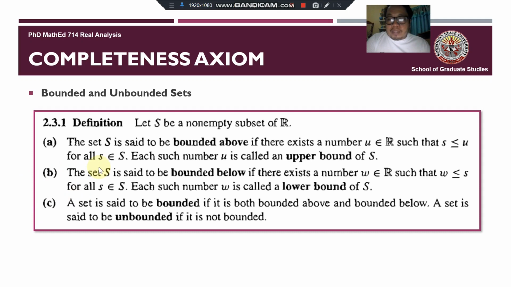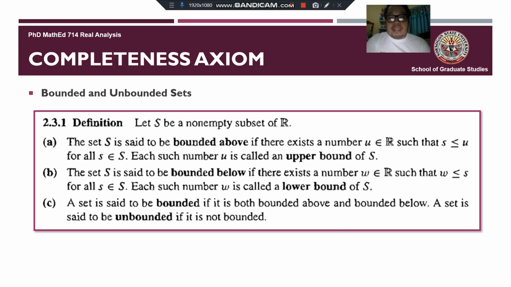Next, for letter B, the set S is said to be bounded below if there exists a number W, an element of the set of real numbers, such that W is less than or equal to s for all s an element of the set S, and each such number W is called a lower bound of S. So for letter B, we are dealing with bounded below and the lower bound of S. Then for letter C, a set is said to be bounded if it is both bounded above and bounded below.